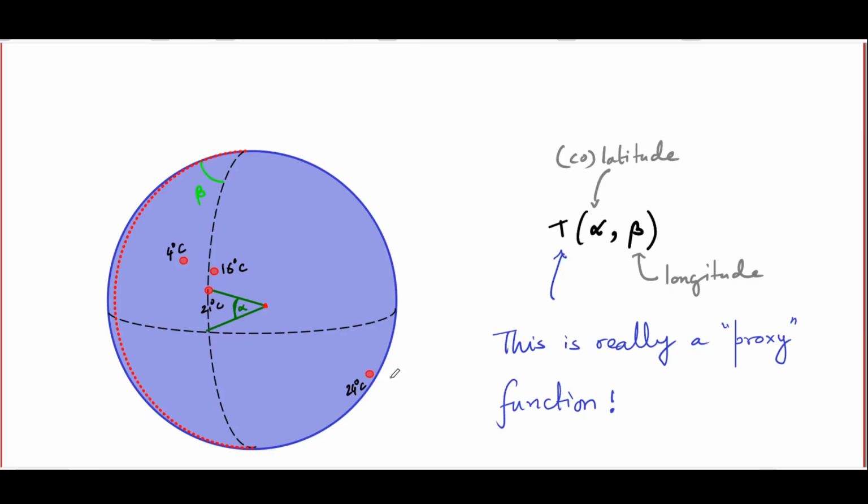So the function that we would usually use to describe a function on the surface of the Earth is actually a proxy function, not a function where the input is a precise point on the Earth. Rather, the input is a pair of numbers which stand in for a particular point. And this theme recurs over and over again.